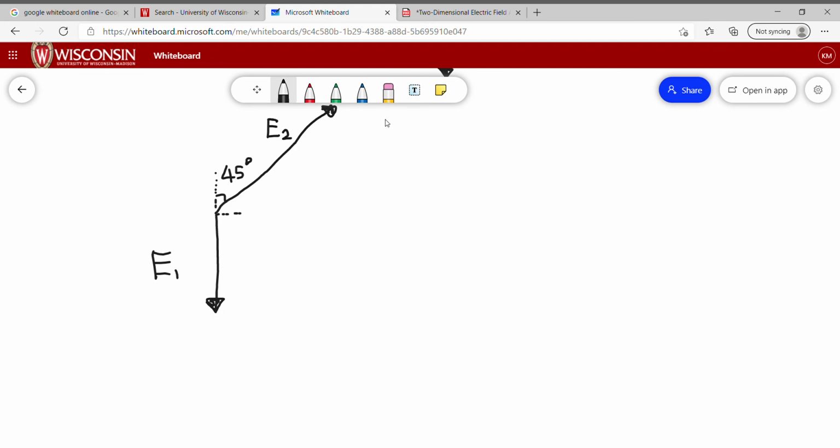Now let's move this vector to here. And this one, let me draw this in black, will be the sum of these two vectors.